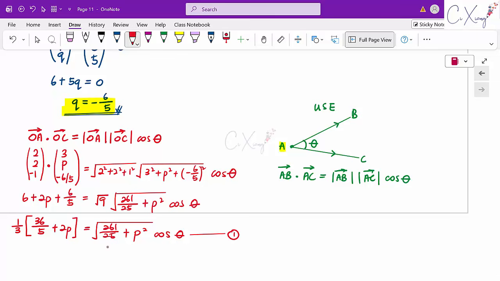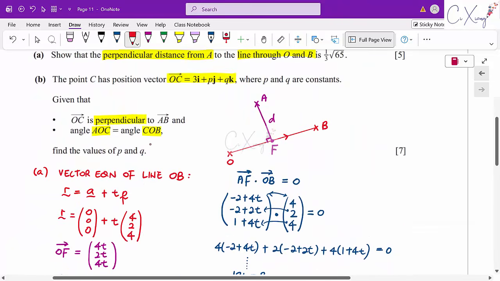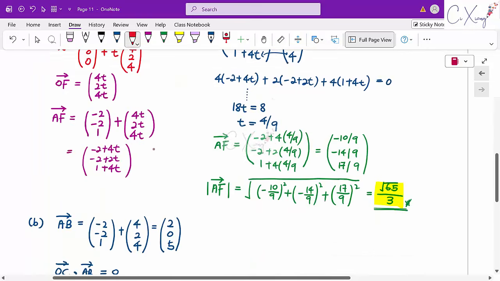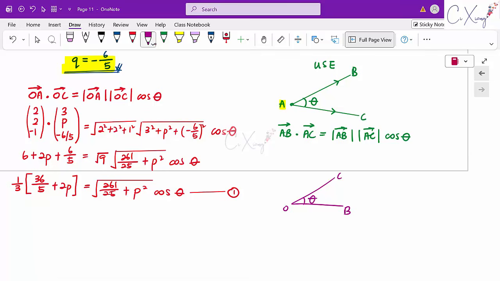Okay, because I can't find out the answer yet because I actually don't know the value of theta as well, right? Okay, then now I want to form second equation. To form the second equation, I'm finding out angle COB. How to find the angle COB? So again, let's say I'm having this angle, and it is basically COB. To form the vector equation, the vector formula to find out the theta, let's say this is still theta. So we are using OC and OB.